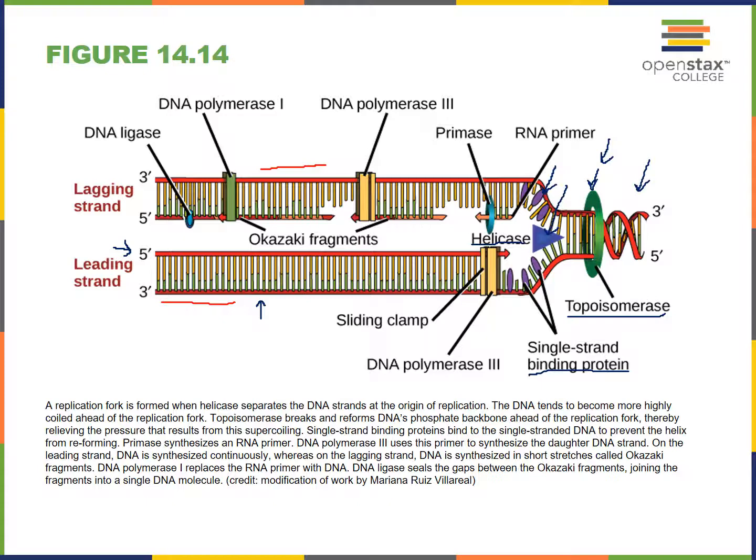If you look at the template strand on the outside, this side starts off 3', which means if you follow this along, the other side's going to be 5'. And remember, these prime numbers are just directions, so it tells you which direction the DNA is oriented.